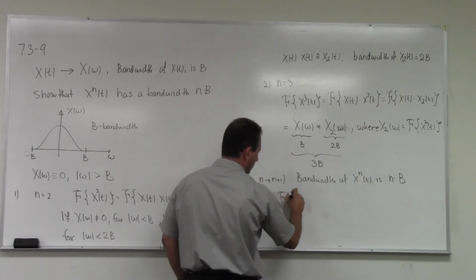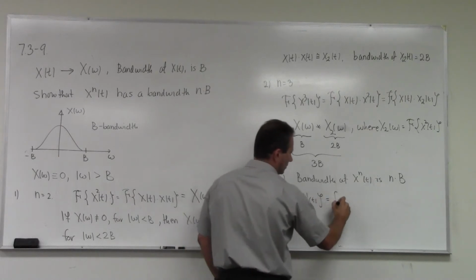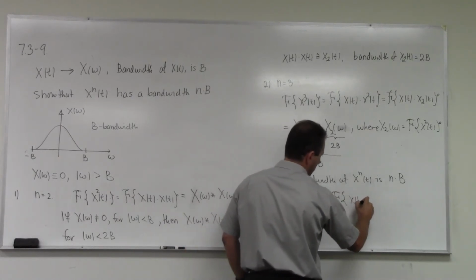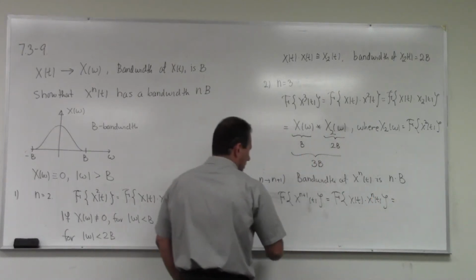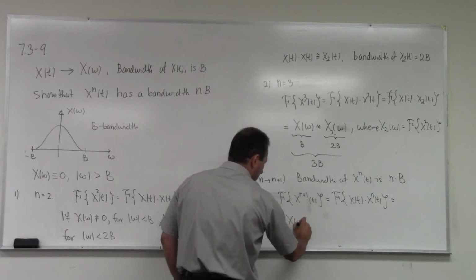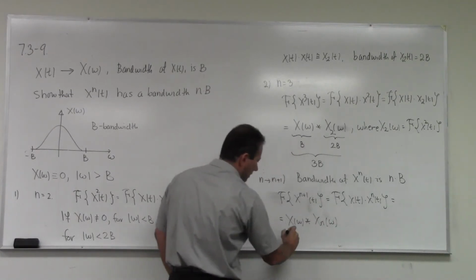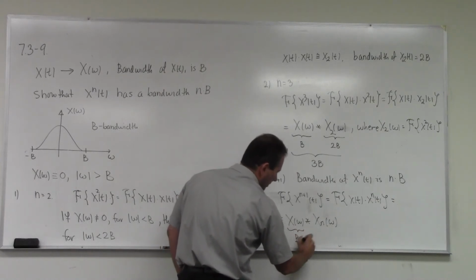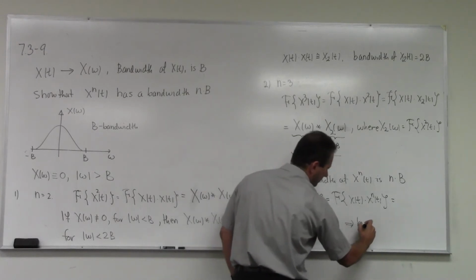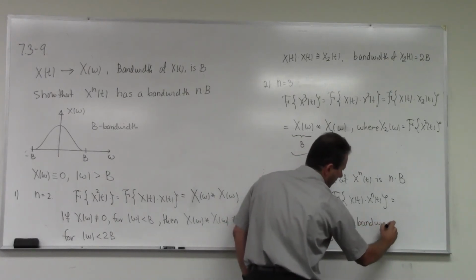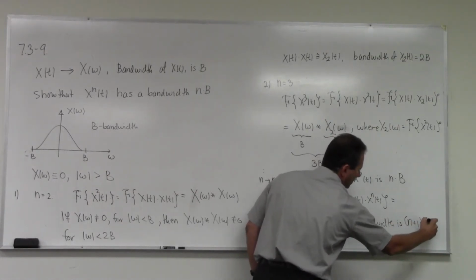So the Fourier transform of x to the n plus 1 of t is going to be equal to the Fourier transform of x of t times x to the n of t, which is equal to X of omega convolved with Xn of omega. And this one has a bandwidth of b, this one has a bandwidth of n times b, therefore the total bandwidth is n plus 1 times b.